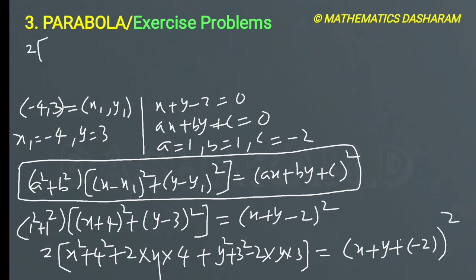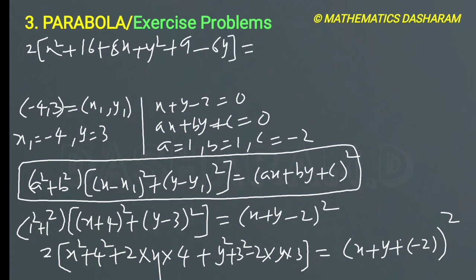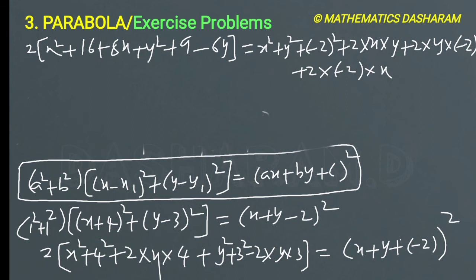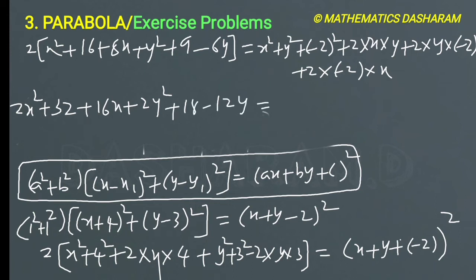So 2 bracket of x square plus 4 square is 16 plus 2 fours are 8x plus y square, 3 square is 9 minus 2 threes are 6y, and here apply the (a + b + c) whole square formula. Now multiply 2 inside: 2x square plus 32 plus 8 twos are 16x, 2y square plus 9 twos are 18, 6 twos are 12y equals.